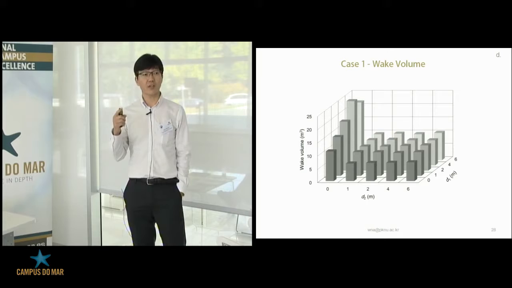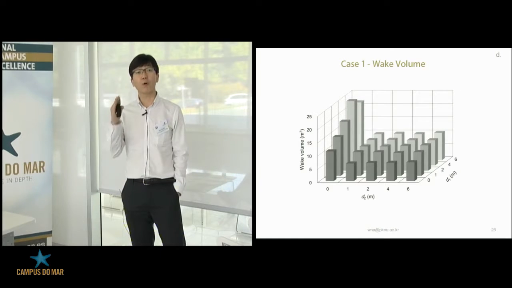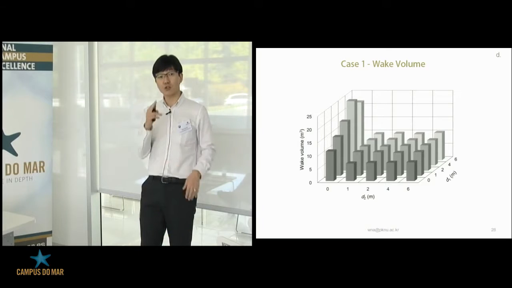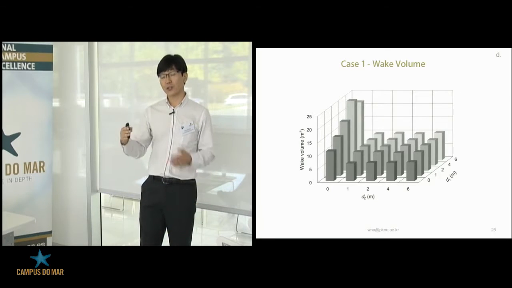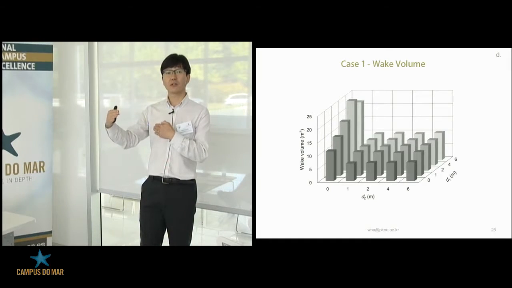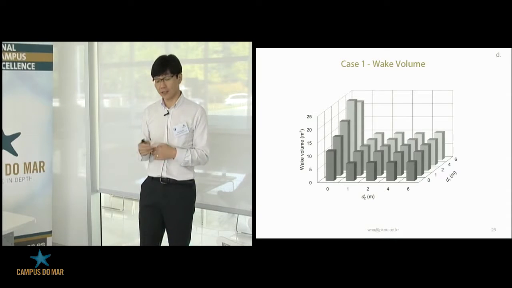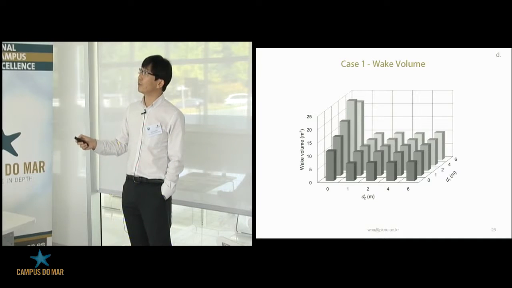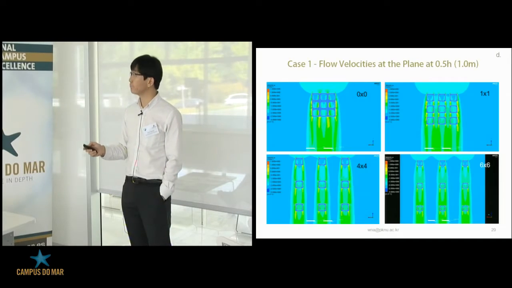The best is D1 of 4 meters. The original module's size is 2 by 2 by 2, so 4 meters means double the reef size. Then we can make the wake volume good here.